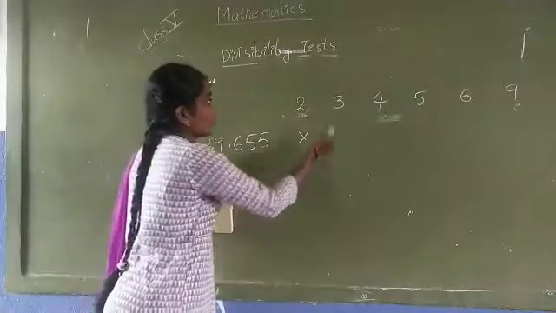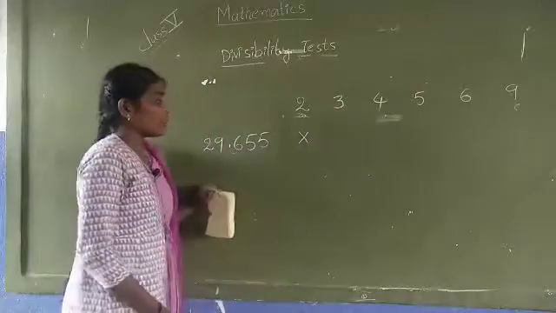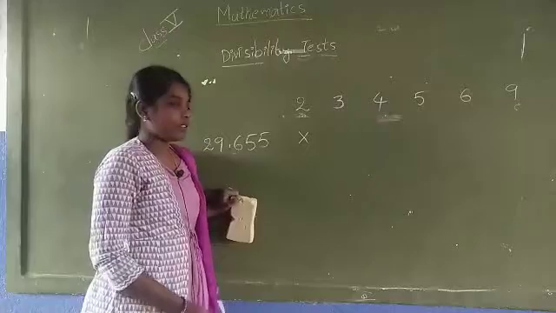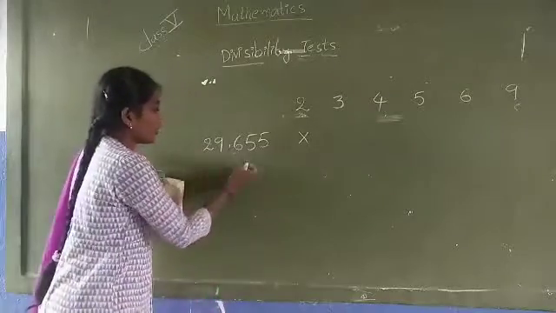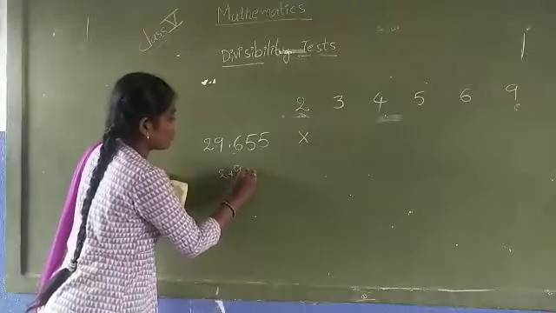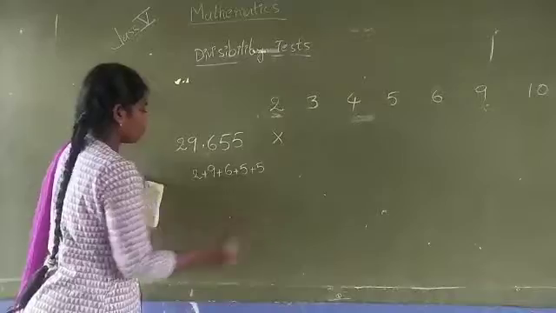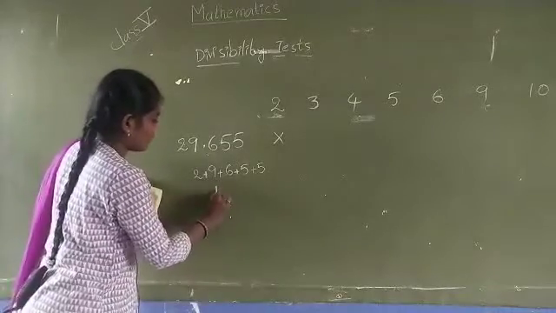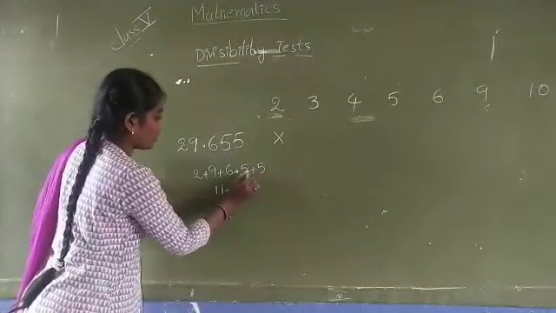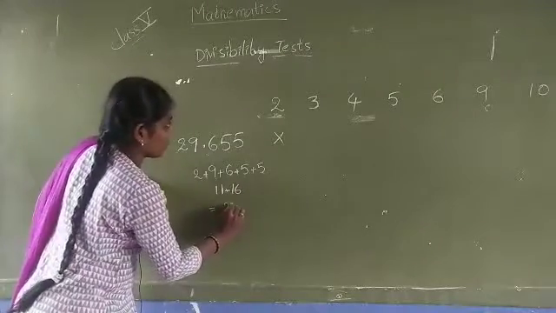What is the divisibility rule of 3? A number is divisible by 3 if the sum of its digits is divisible by 3. You have to add these digits: 2 plus 9 plus 6 plus 5 plus 5. 2 plus 9 is 11, 5 plus 5 is 10, plus 6 is 16, that is 27.